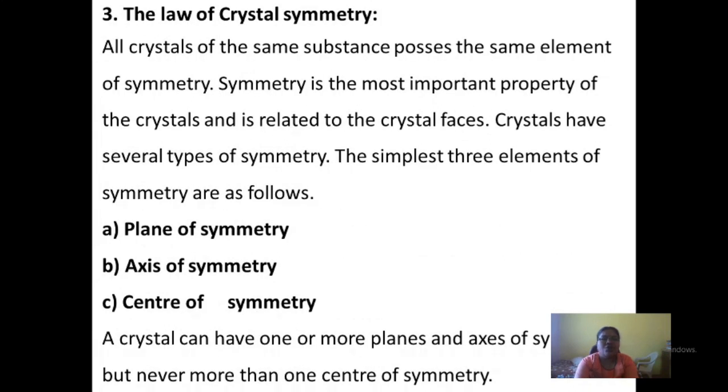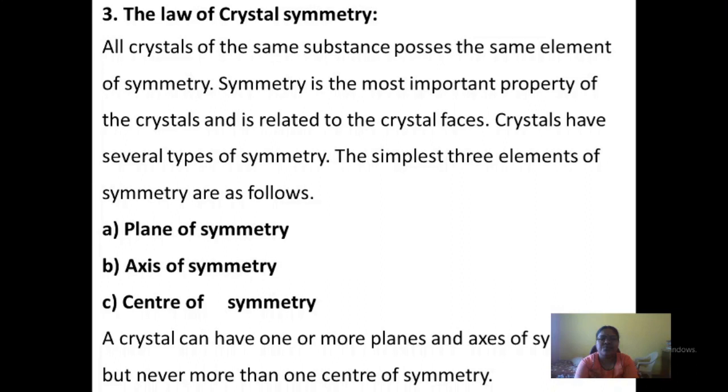Then the law of crystal symmetry. All crystals of the same substance possess the same elements of symmetry. Symmetry is the most important property of the crystals and is related to the crystal faces. Crystals have several types of symmetry.